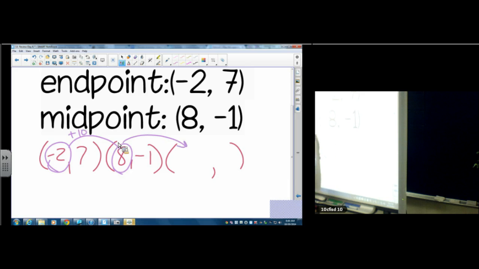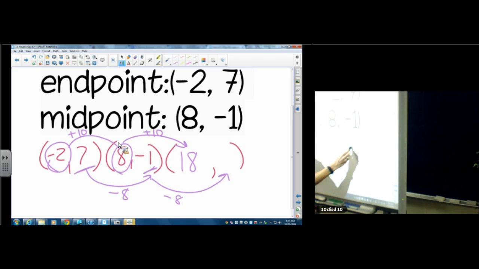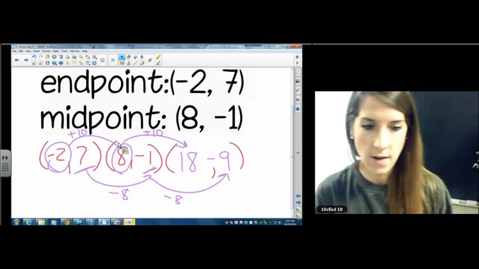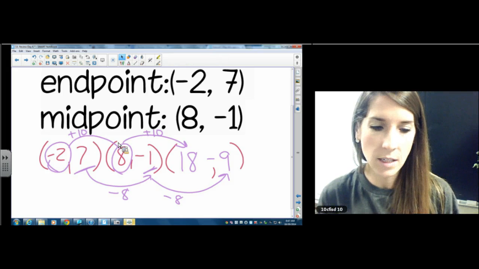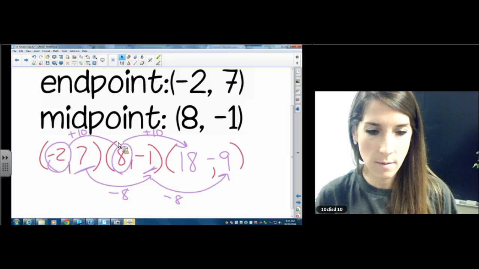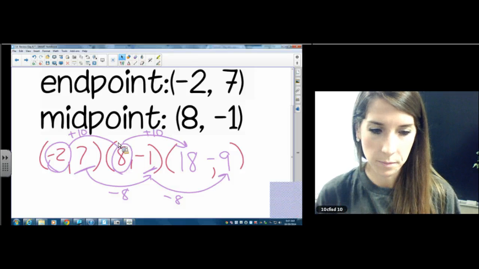So if we want to go plus 10 again, 8 plus 10 would land us at 18. Then we do our y's. From 7 to -1, that's backwards 8, right? So we want to go backwards 8 again, and that would land us at -9. So 18, comma, -9 would be our answer for our end point. Make sure you put the midpoint in the middle.